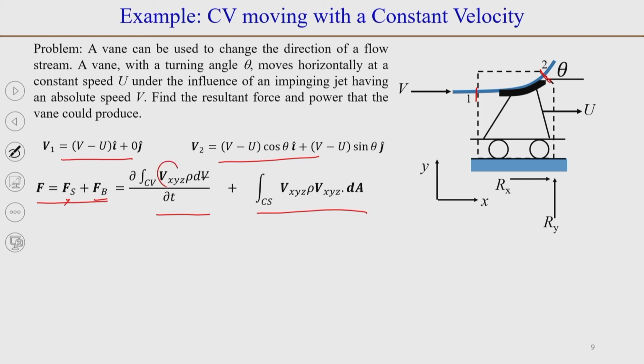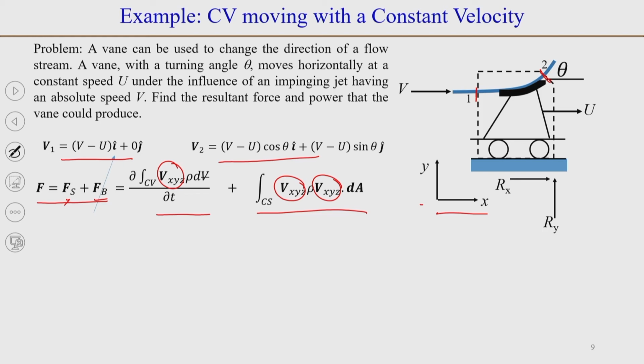Remember that the velocities here, x, y, z, are velocities with respect to a frame of reference which is moving with the control volume. So, even though we have shown this x, y here, it is moving with the control volume, the coordinate frame attached with this control volume.